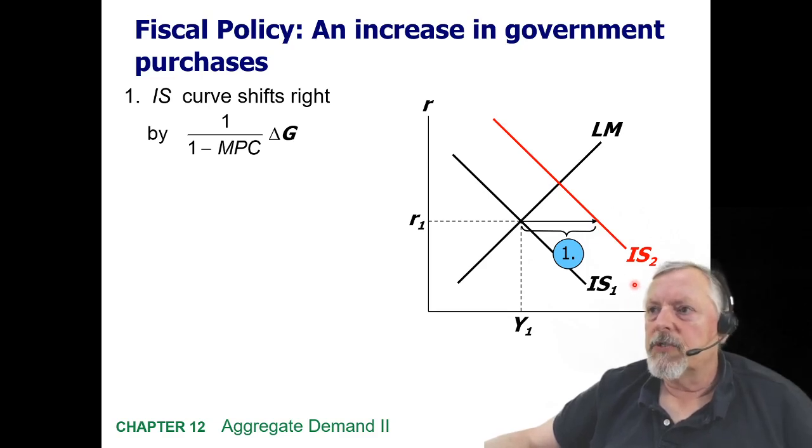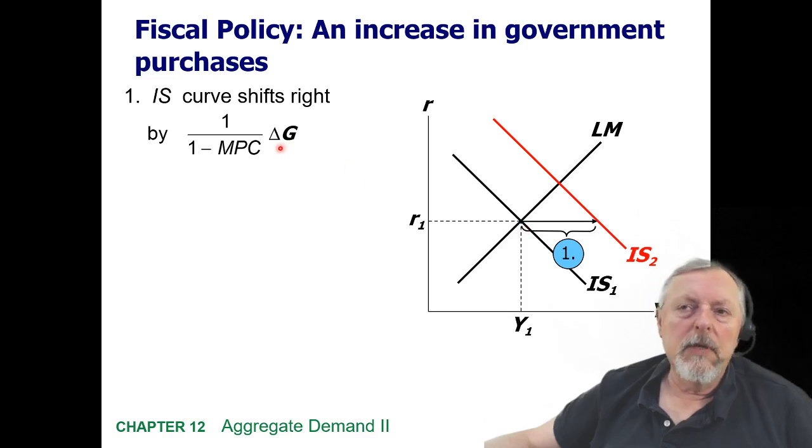This increase in government spending, well, that spending becomes other people's income. And that also increases spending, and so on and so forth. The total effect for an increase in spending of delta G is delta G times 1 over 1 minus the marginal propensity to consume, or the change in government spending times, this is called the fiscal multiplier.